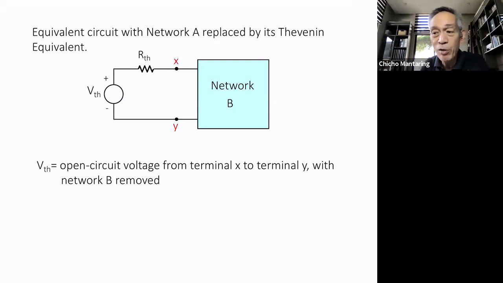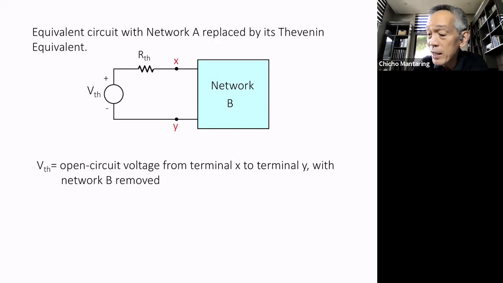So madami na tayong natututunang network simplification tools. No? One is resistances in series and parallel. One is sources in series, sources in parallel. The other is voltage source, current source conversion, which we just studied a while ago. And this now is getting the Thevenin equivalent. That is a network simplification tool.